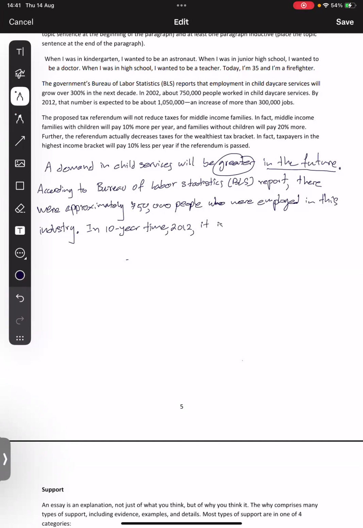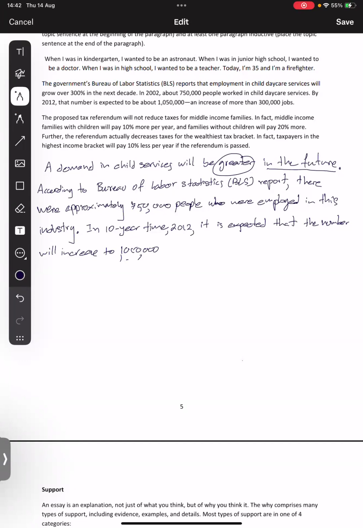It is expected that the number will increase to 1,050,000.